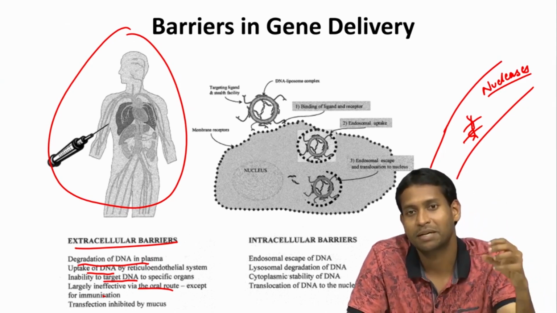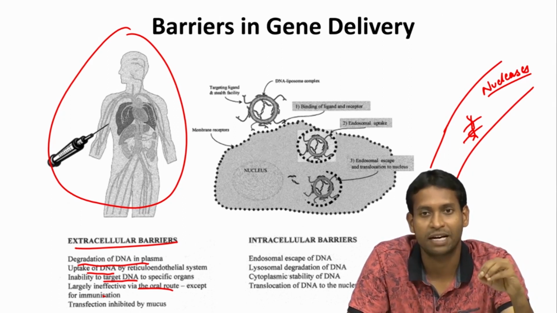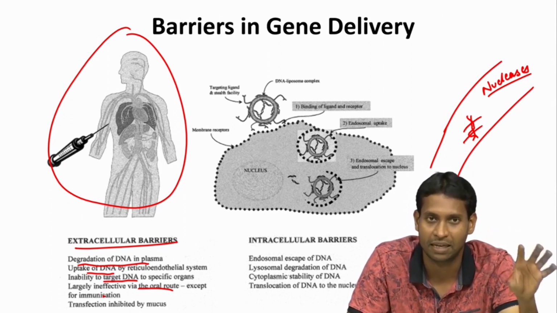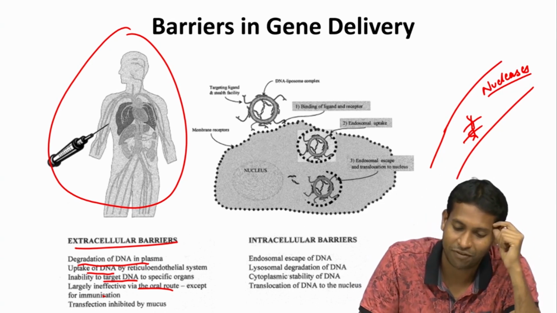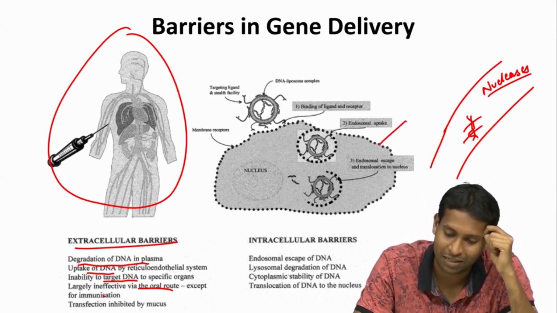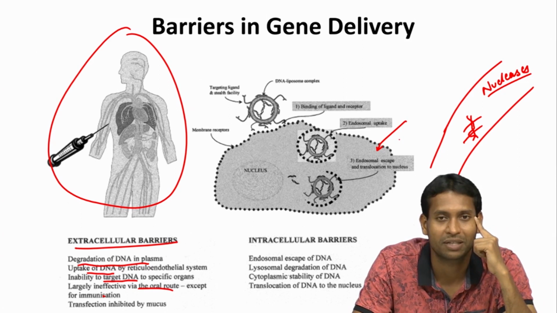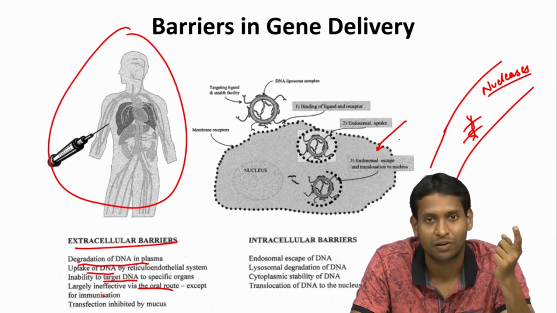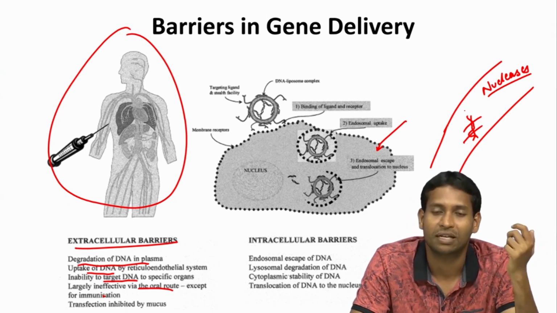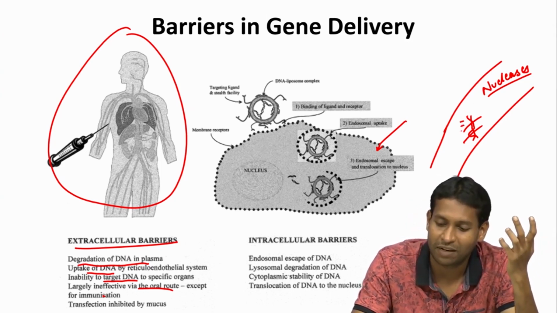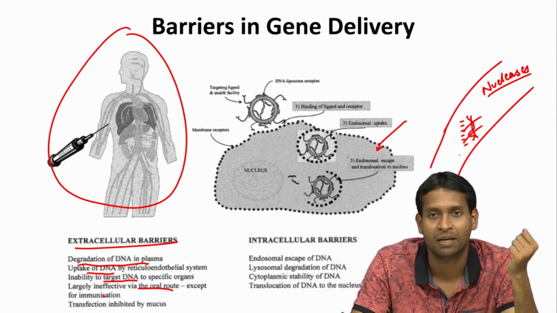So let us say that after all these barriers, some of it has been able to reach the target cell. The first question is how it is going to go inside the cell, because the cell membrane is not permeable to such large molecules, and DNA is also quite negatively charged, it has several phosphate groups.